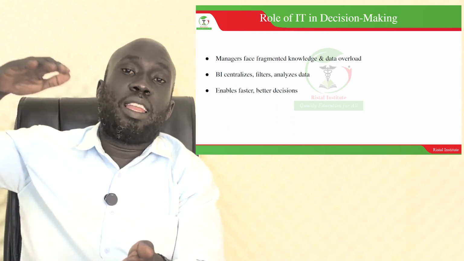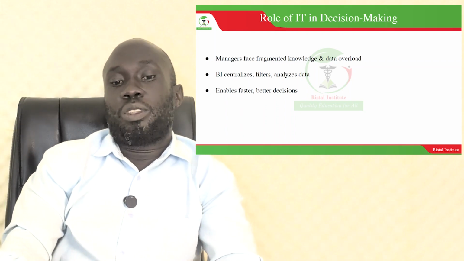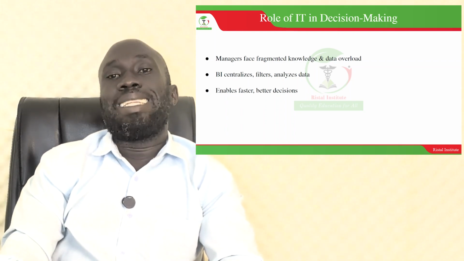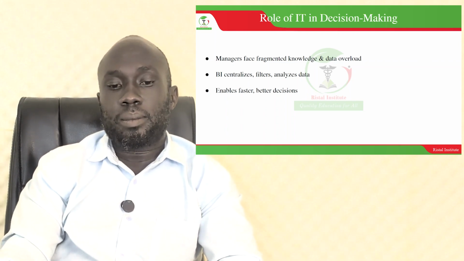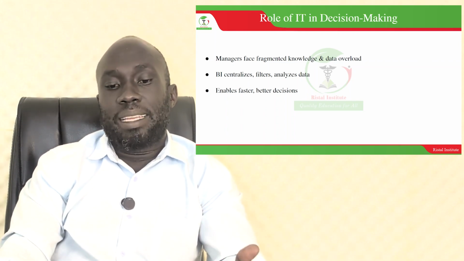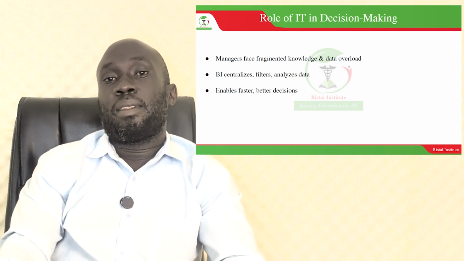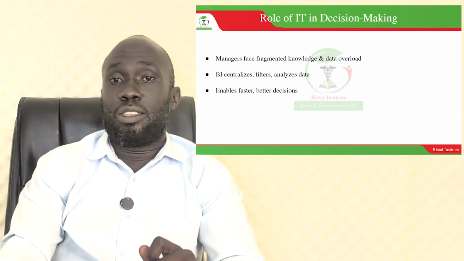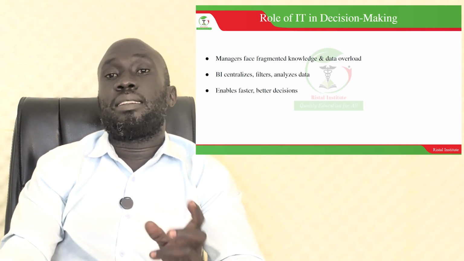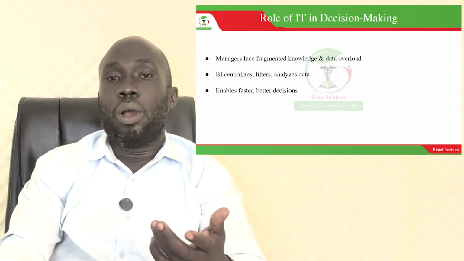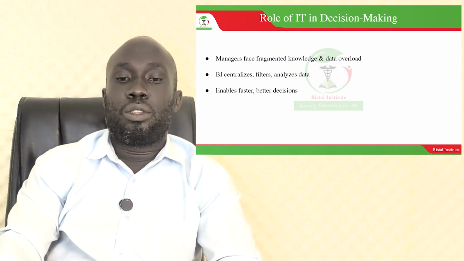It points out the levels of sensitivity of the data, and then it analyzes the data, which enables faster and better decision making. Business intelligence helps you take decisions fast, and more accurate and more efficient decisions.